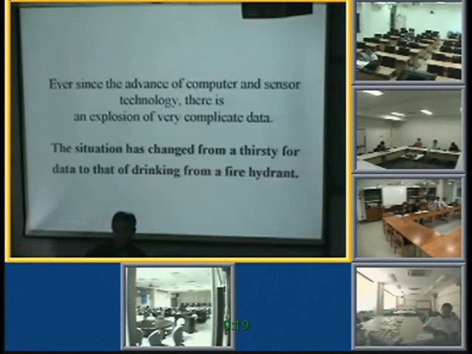When you fight fire, you open up this hydrant, and the water just comes out. But you're only thirsty. You only take a little sip out of that. Most of the data are actually wasted. And even for the little bit of data that we thought we understood, the understanding is very incomplete.